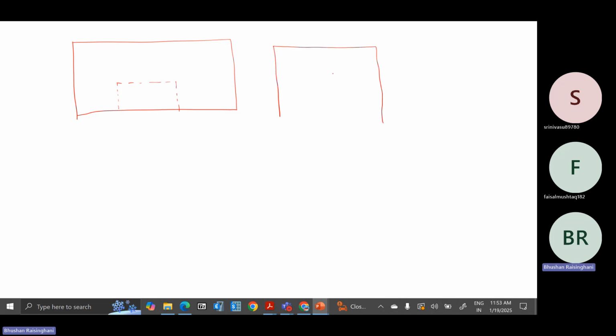This is a floor, and maybe below this floor there may be a floor like this. So I will not take it as a lateral load resisting system. And when I apply the lateral load, I will only consider this as my lateral load resisting system. So this will not be given a diaphragm.